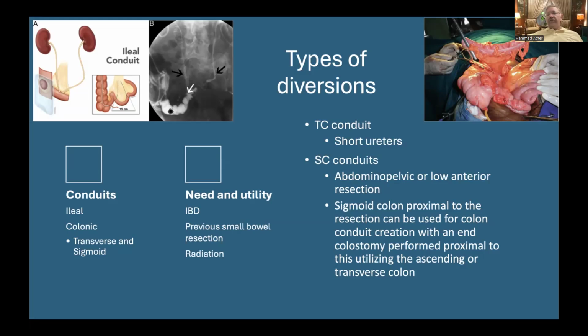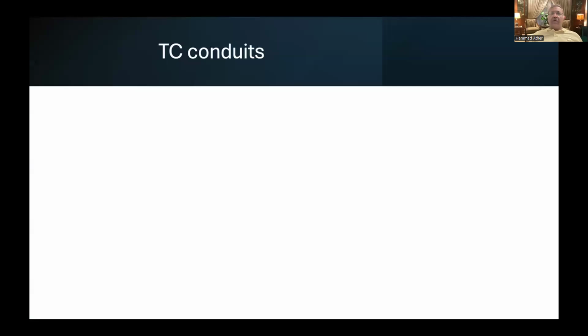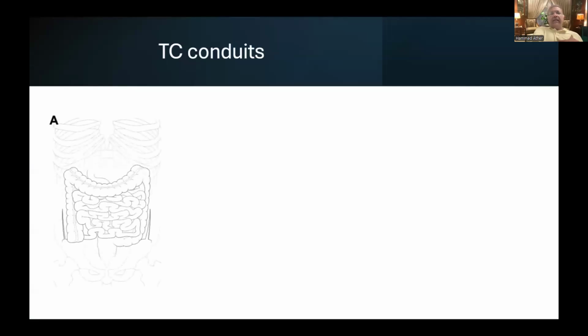In all these situations, the possibility of doing an ileal conduit or orthotopic bladder is almost not possible. And transverse colonic diversion is the only option left. Similarly, sigmoid colonic conduit is another option, and we'll talk about it in a little detail.